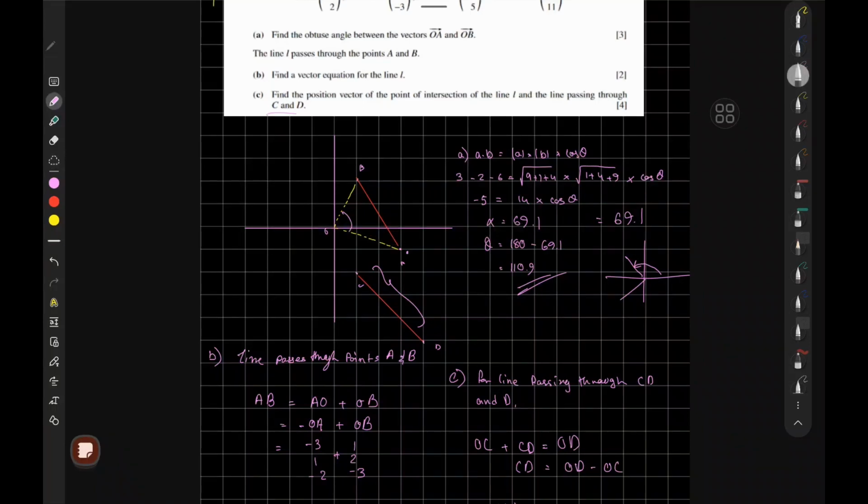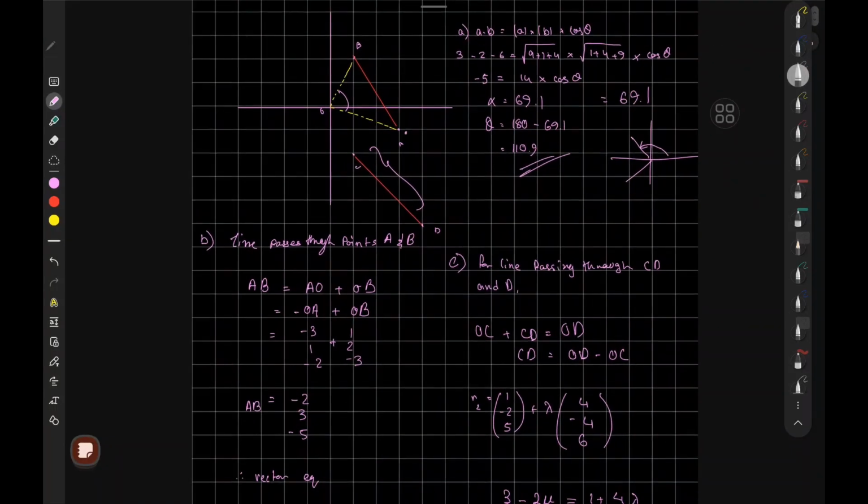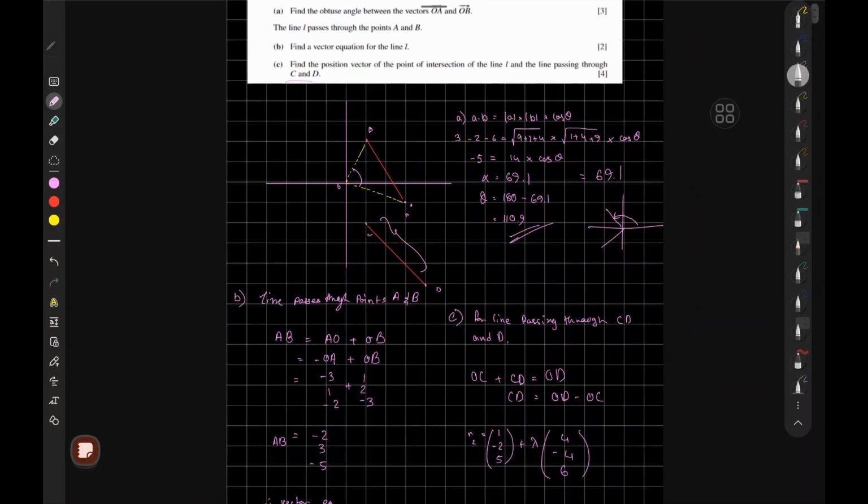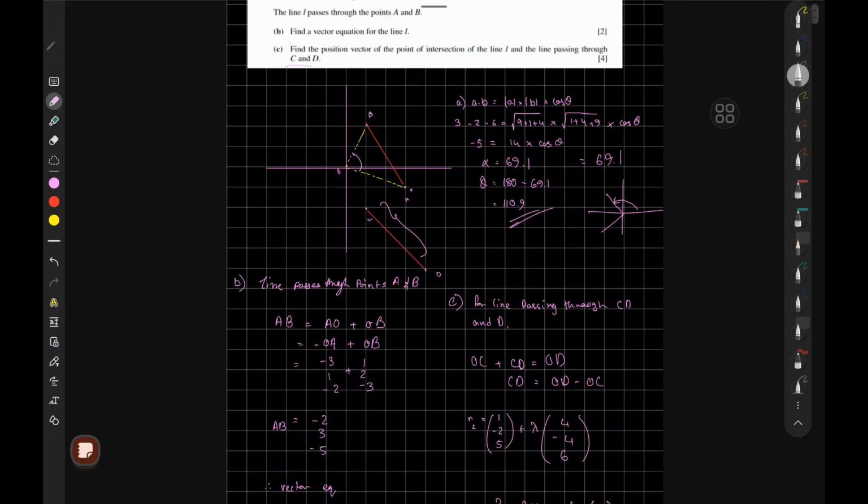To find that out, there are a few steps. First of all, we have to find the direction CD, the vector direction CD. How do we do that? To find CD, we make CD the subject, where CD is given by the difference between OD and OC, since OC plus CD is actually OD.